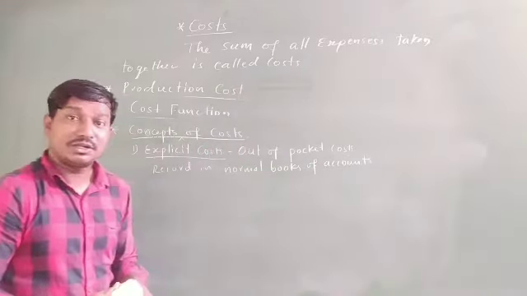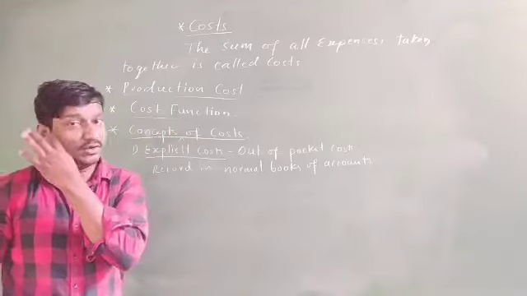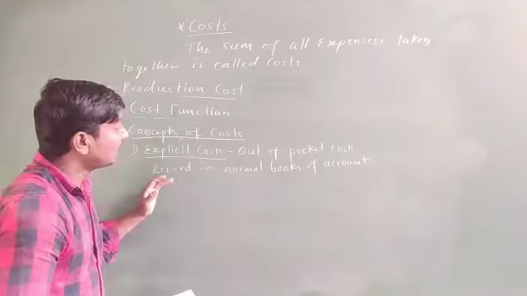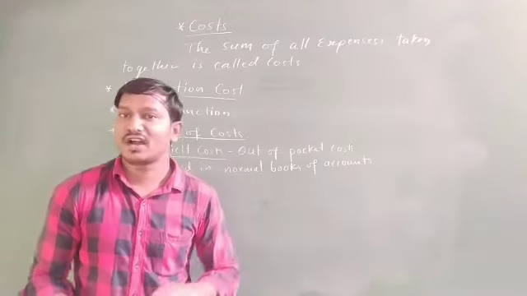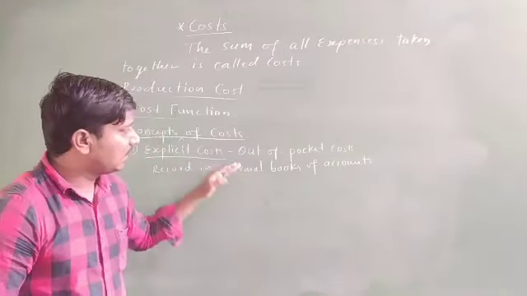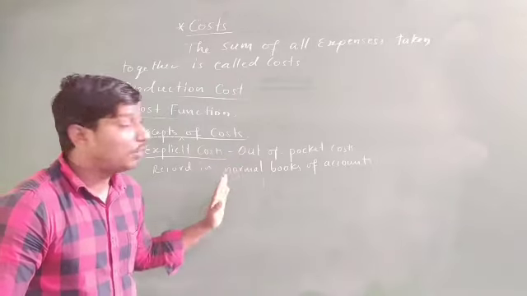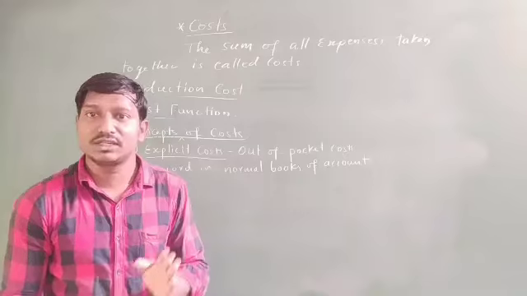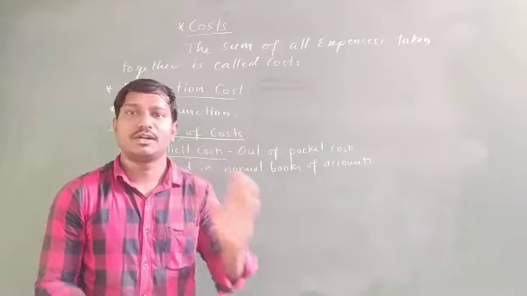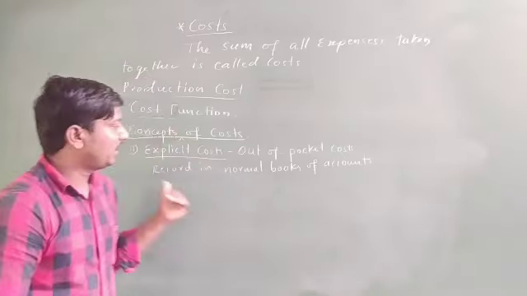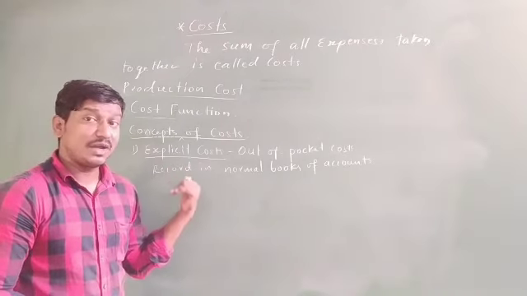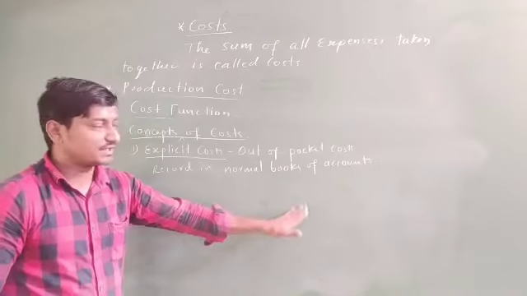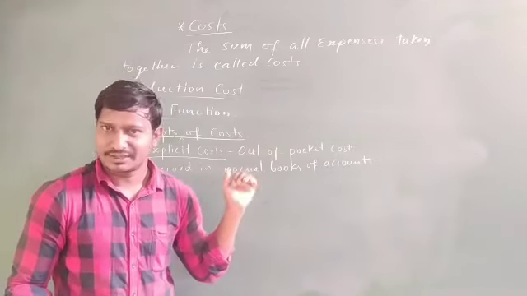Whatever expenses, that is the explicit costs, which have been incurred by the producer, are going to be recorded in the books of accounts. So these are the out of pocket costs, which are paid by the producer in the manufacturing of different goods or in the production. So many questions may be asked on this. Explicit costs are called as dash, out of pocket costs.